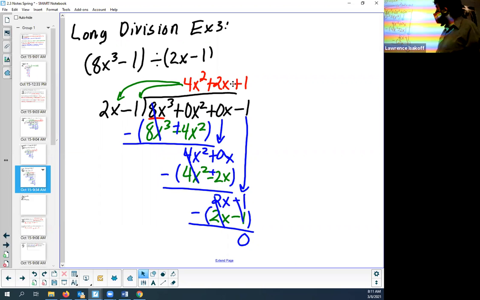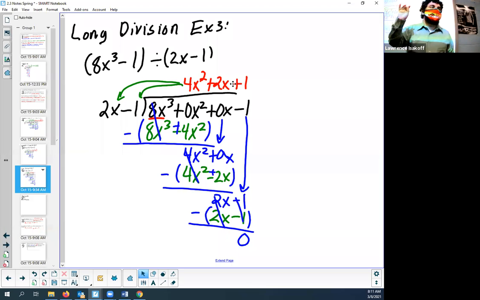Hey, that's fine. So that is my last example for today. I know we're running a little low on time. For your exit ticket, I don't need you to do the long division. All I need you to do is it has some missing terms. All you have to do is rewrite it with the correct 0 terms. Please do not take the time to do the long division on them.